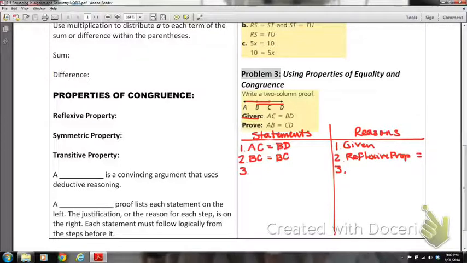The segment addition postulate just says, for instance, that the length of segment AC is made up of segment AB plus segment BC. And that's just applying the segment addition postulate.